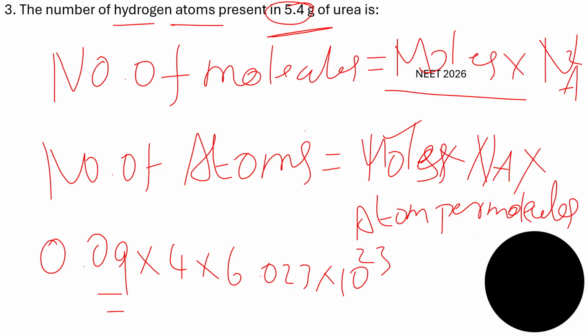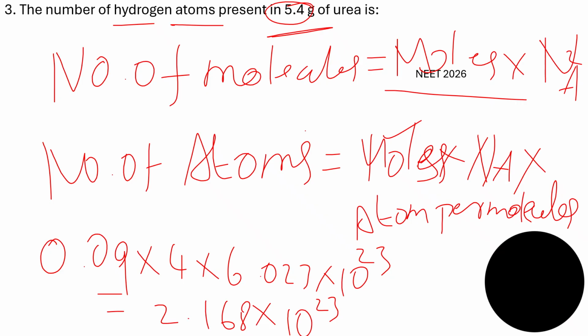It will give the answer 2.168 times 10 to the power 23. This much hydrogen is present in 5.4 gram of urea. This is the number of hydrogen atoms in urea.